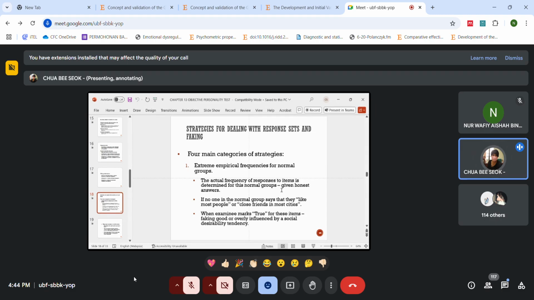Let's say for the normal group, normally they will answer that item strongly disagree. But when you give it to the respondent, this person said strongly agree, then you know maybe the answer has some problem there. Because for the normal group, normally people will say strongly disagree, but this answer is strongly agree. From there you can detect.